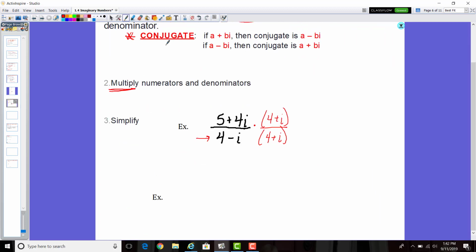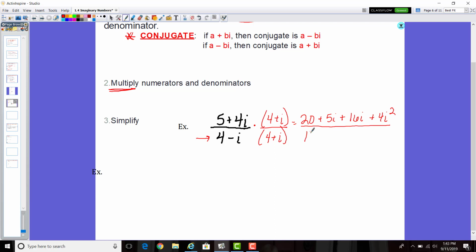We then need to simplify. We move this out of the way. So we FOIL the top, we should get 20 plus 5i plus 16i plus 4i squared.